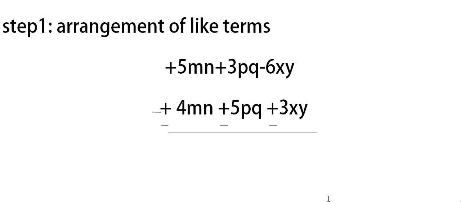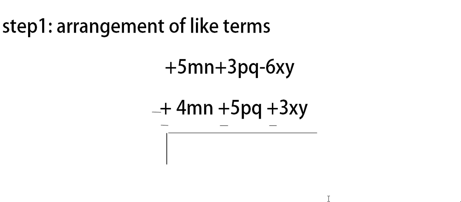So the first term in the first expression is plus 5mn and the second term is minus 4mn. So plus minus is minus. So 4 will be subtracted from 5. You will get 1mn, but there is no need to write 1, because if any term carries the constant 1 along with it, it is not written, it is assumed to be 1.